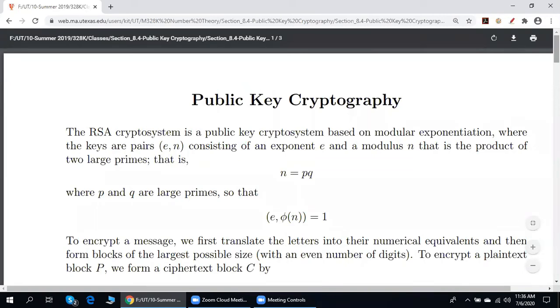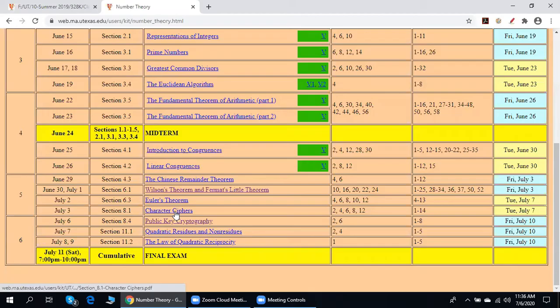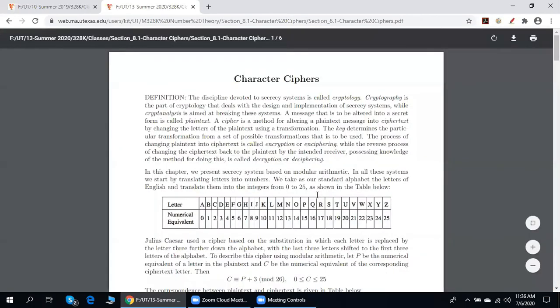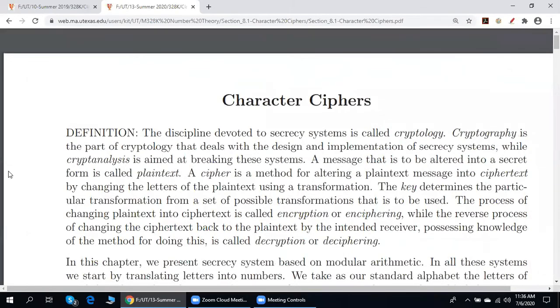Public key cryptography. There is a fundamental difference between section 8.4 and section 8.1. In section 8.1, we discussed a couple of ways to encrypt a given text, but the problem with this approach is the following.